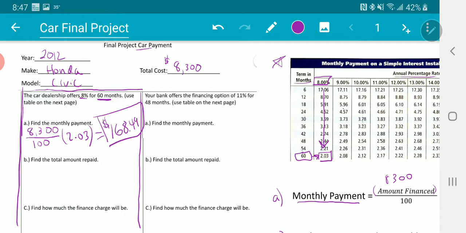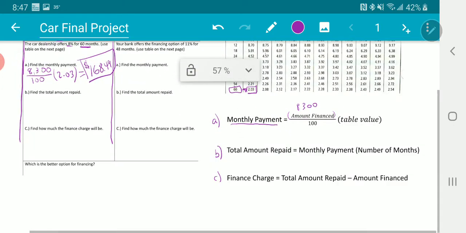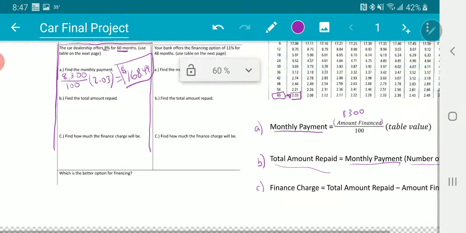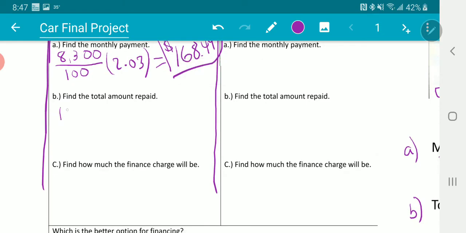So you're finished with part A. Now we can move on to part B. We're not worrying about the right side of this page yet. The next part is find the total amount repaid. So again, I'm going to go over to my equation. Total amount repaid, that's what we're looking for, is just my monthly payment that we just found times the number of months that I'm paying it. So my monthly payment was $168.49.